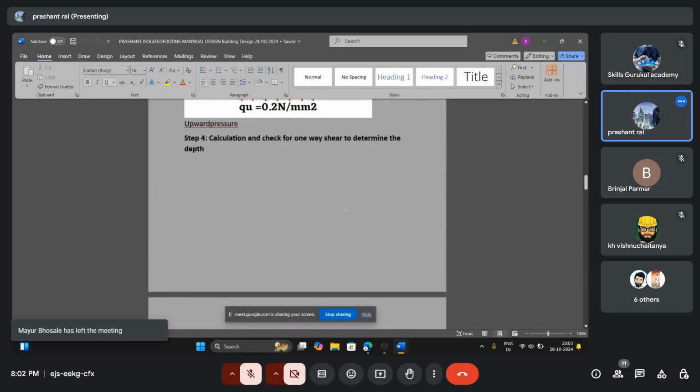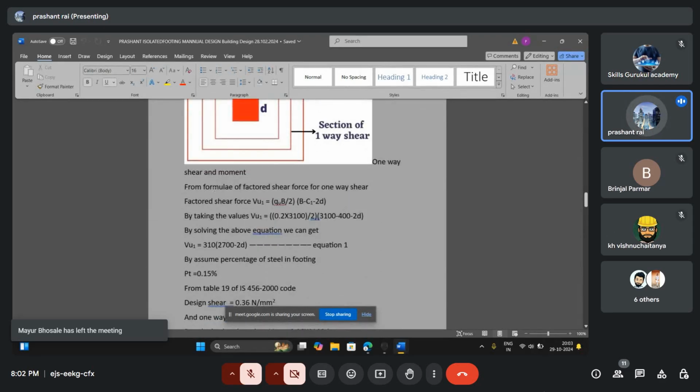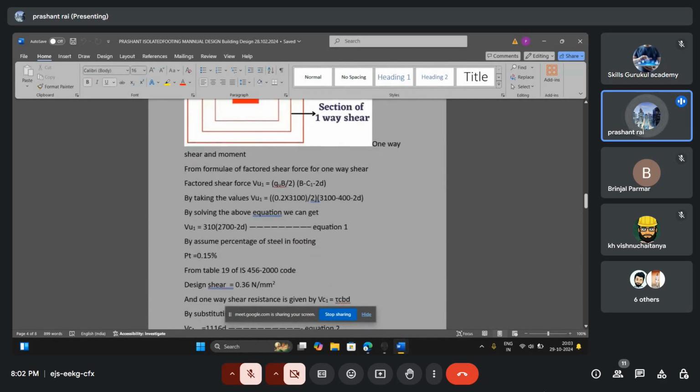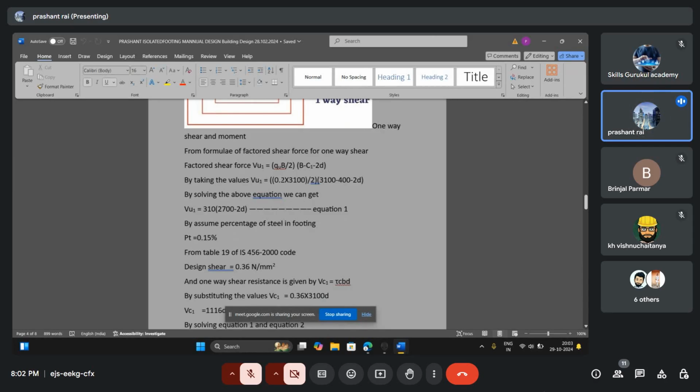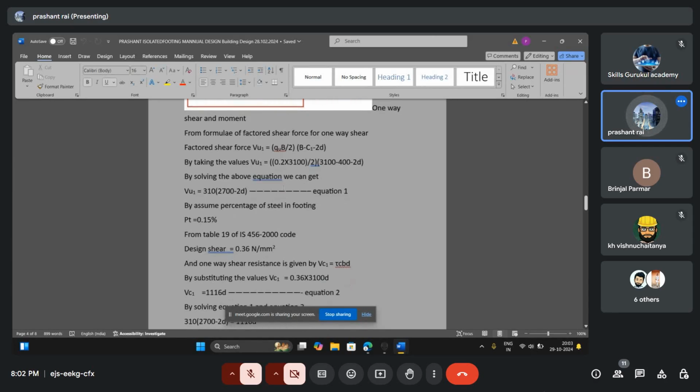In step 4, the formula for factored load for one-way shear, factored shear force VU1. We already discussed the formulas. After putting in the values, 0.2 is the soil bearing capacity, and B is the width, 3.1. I hope you remember 3.1. It is in meters, so if we convert it to mm it is 3100 divided by 2. Once again, B is the breadth, 3100.